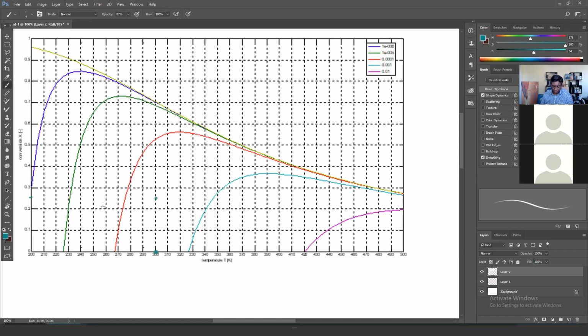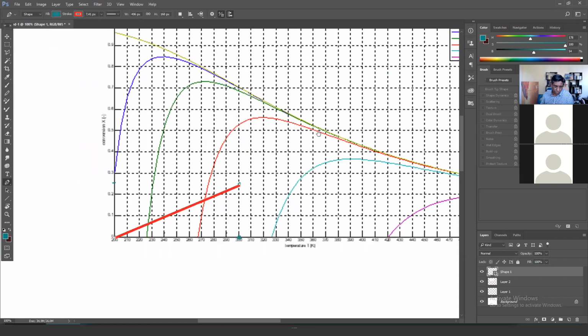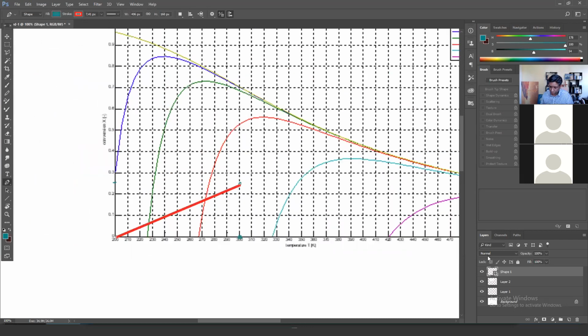So in other words, let's see now, drawing a line is not so easy in Photoshop, to be honest. There's the pen tool, right? Okay, anyway, we've got this line, which has the gradient that we want, and we need it here, not from 300.